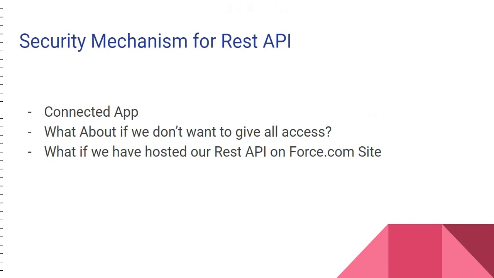And for those who don't know what a host.com site is, it is nothing but a third party like a guest user in Salesforce, which is given by the standard license only. Anything that the guest user can access will be accessible on the site. You can give access to the Visual Force page, and if you are creating components and using a single page application with the Visual Force page, then you can give that access on the site too. And most importantly, you can give the REST APIs as well.